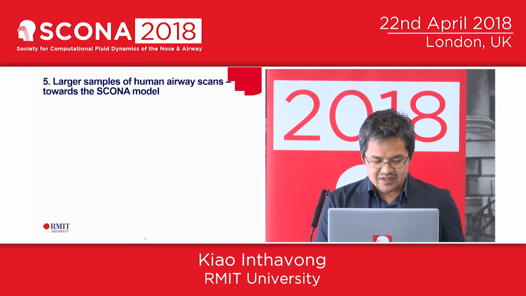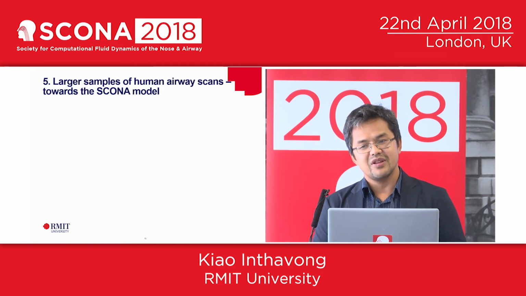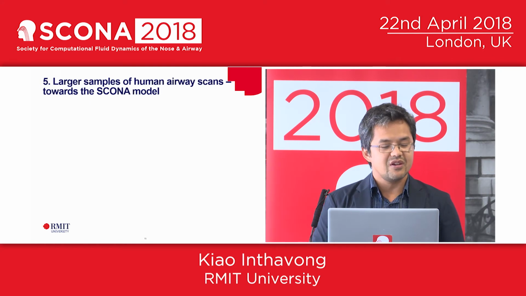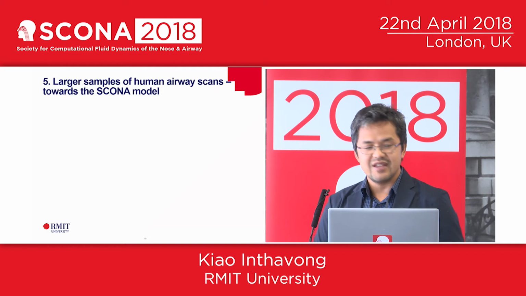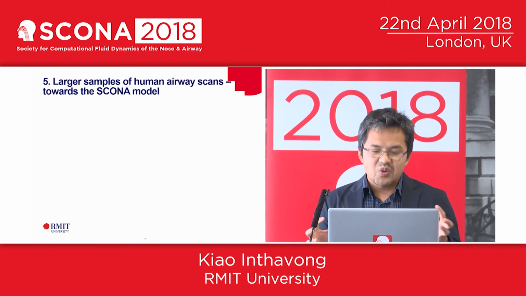Okay, so this is the last topic before I ask you what you think are the future priorities. Now, if we were to get large samples, because in our engineering community there are certain groups around the globe, and one group may have 20 models, another group has 10, another 50, another 30.